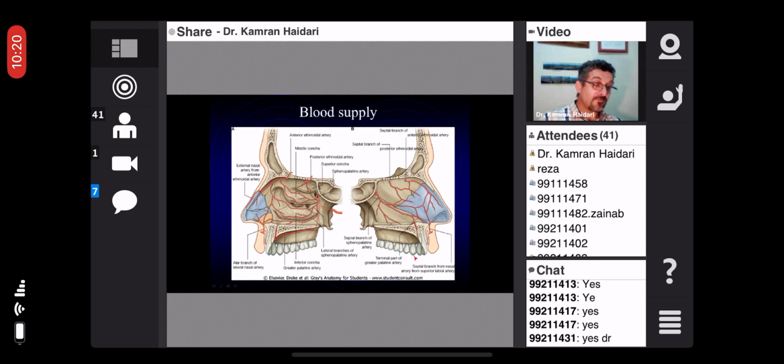This is the Kesselbach anastomosis, and because of exposure to very cold air, the capillaries in the mucous membrane, especially with dry air, will be torn because of this exposure, and we get a bleed.